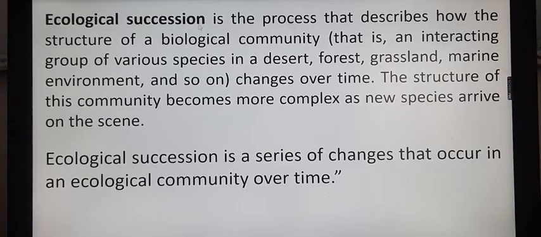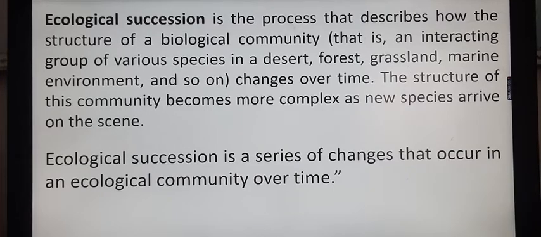Now, ecological succession. It is the process that describes how the structure of a biological community, that is an interacting group of various species in a desert, forest, grassland, marine environment, and so on, changes over time.